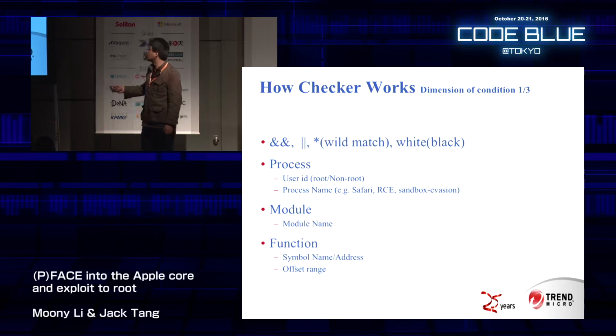We would also care about the module name and function names. Symbol name means function name and function address. This part is about the offset within the target function, from the beginning of the function to the end of the function.